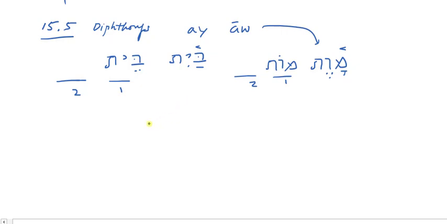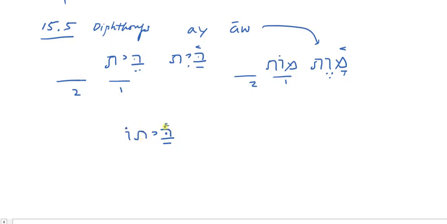Remember, when we take a noun and add a pronominal suffix to it, in effect what we're doing is using the construct form of the noun and adding the pronoun to it. So if I take bayit and I want to say something like his house, I add the holam vav for his, the stress is going to move to the back.